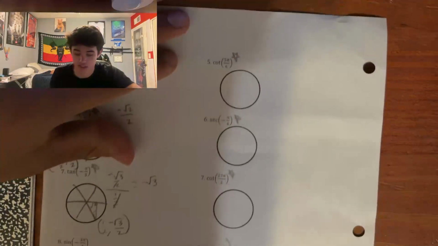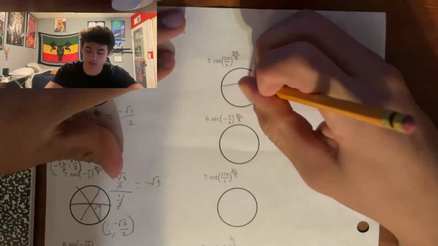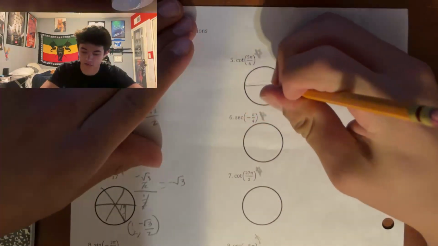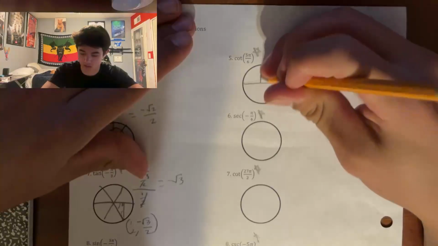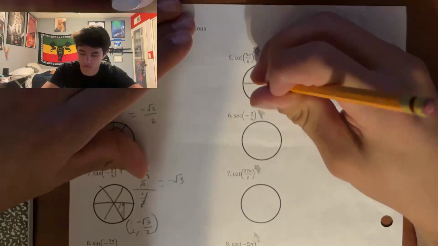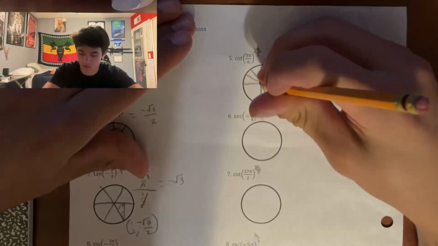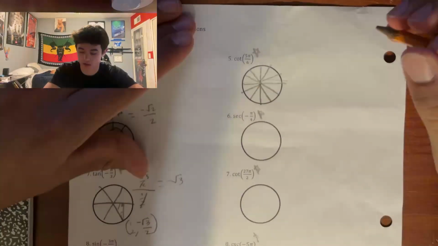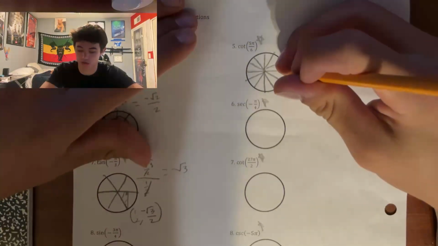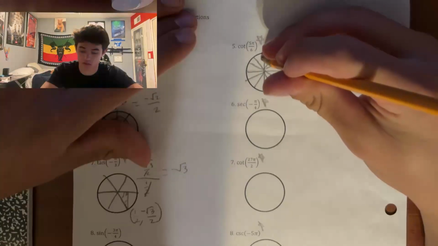All right, let's move into this next one. We got cotangent of 5 pi over 6. So let's divide both these sides into 6s. So boom, boom, boom, boom. 5 pi over 6. So we're going to go 1, 2, 3, 4, 5.